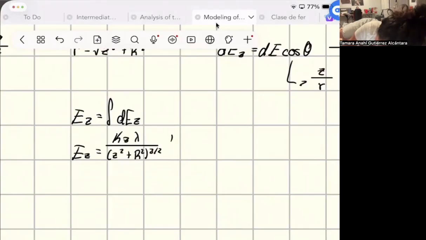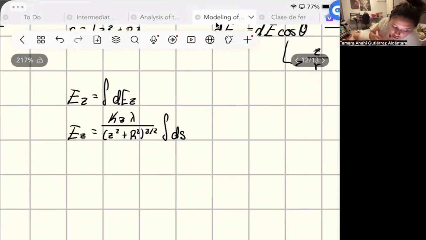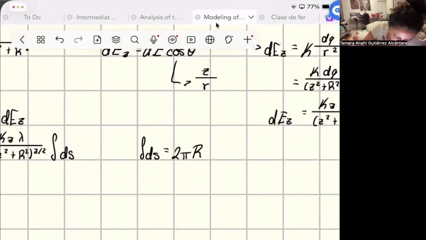So it's integrate ds. Now the integral of ds is the total length of the ring. So the integral of ds equals 2πR, which means we can put it in the final expression.